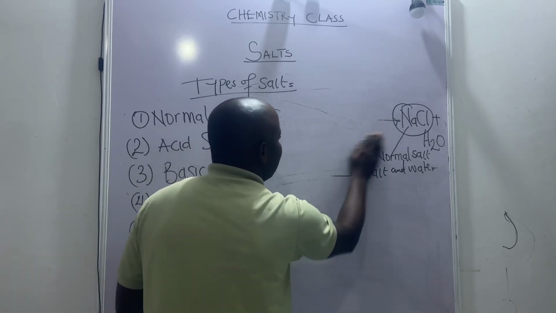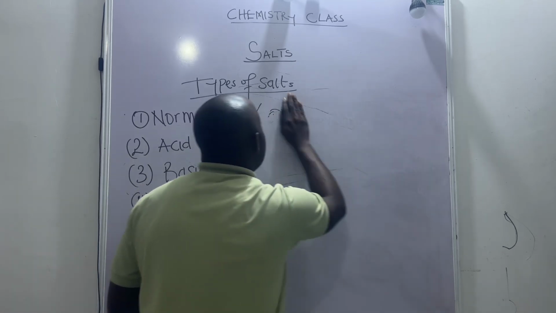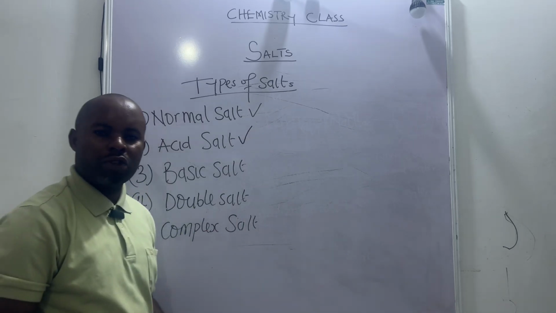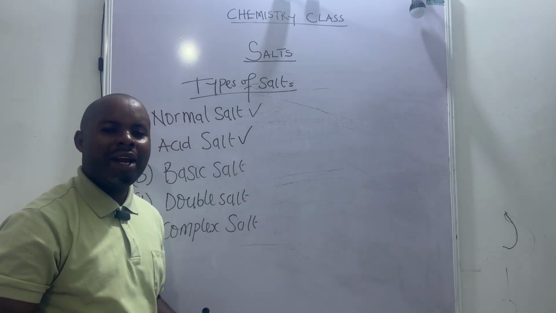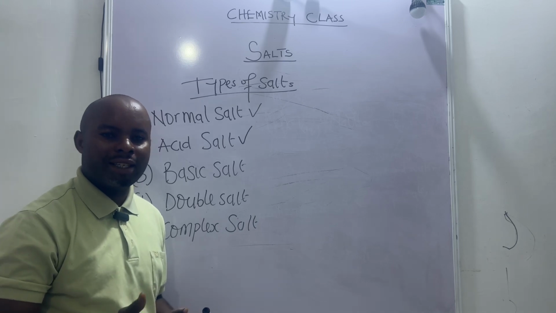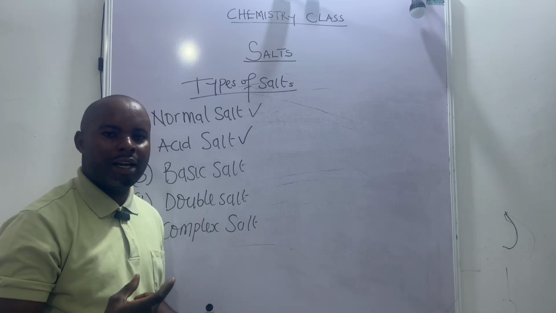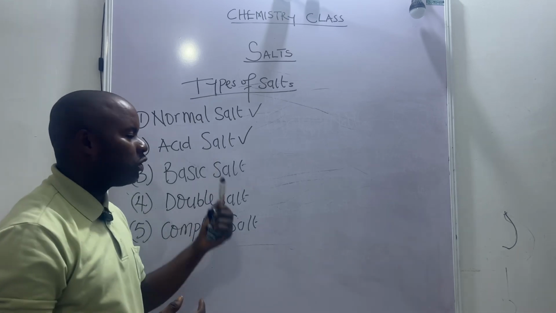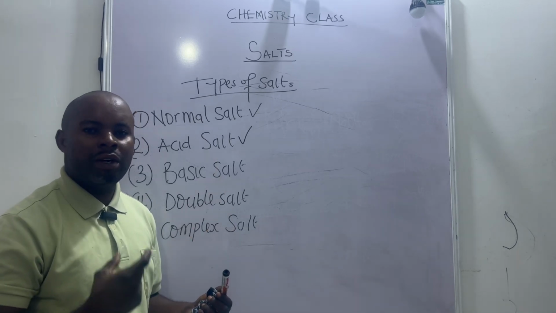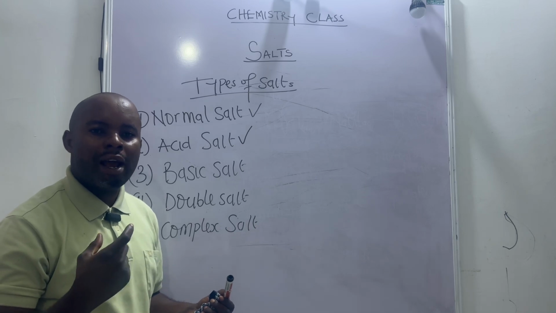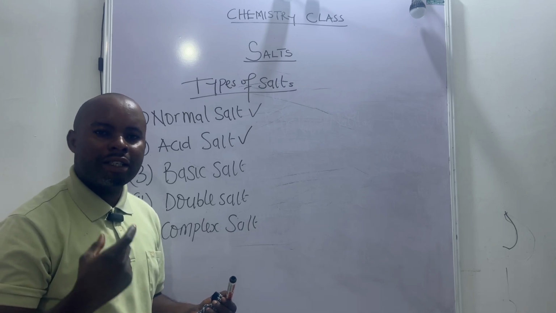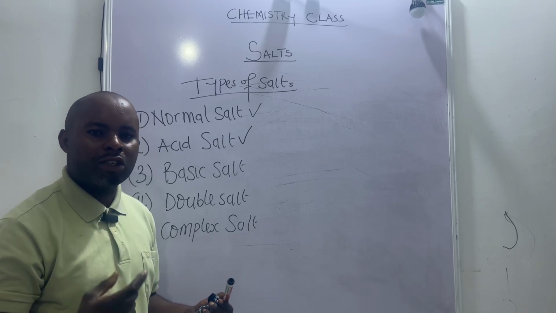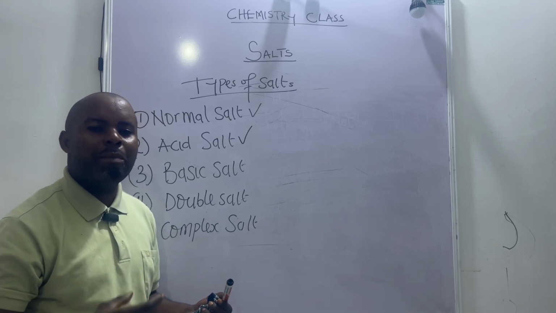What are acidic salts? Acid salts are those salts that are formed when the ionizable hydrogen ion in an acid is partially replaced by a metal or ammonium ion. For this kind of salt to be formed, the acid has to be dibasic, or it can be tribasic, so that one of the hydrogen ions will be partially replaced.